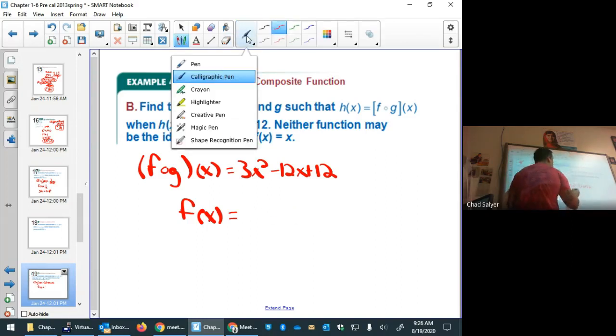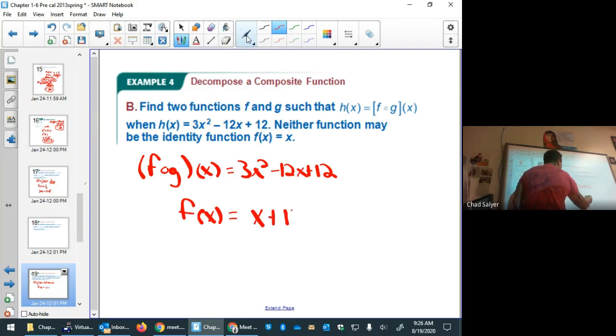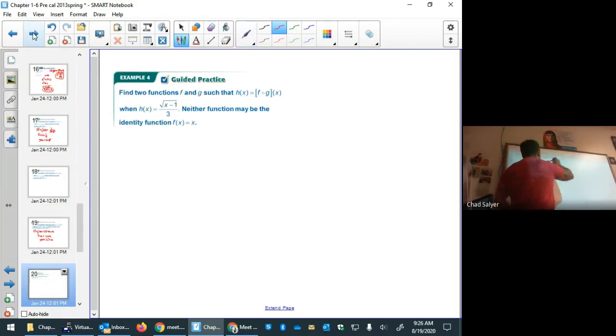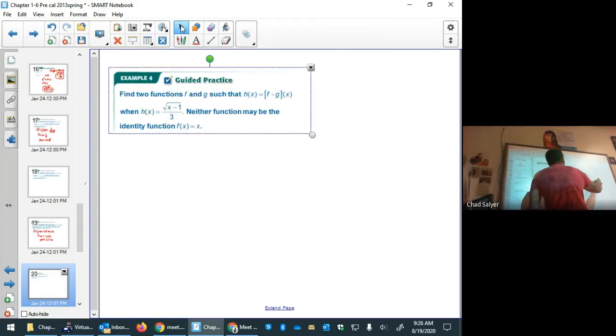Okay, so if I let f of x be x plus 12 and g of x equal 3x squared minus 12x, then it would compose to make this. But again, many different answers are possible. This is one that would be difficult to have a specific answer that a bunch of different people would arrive at independently.